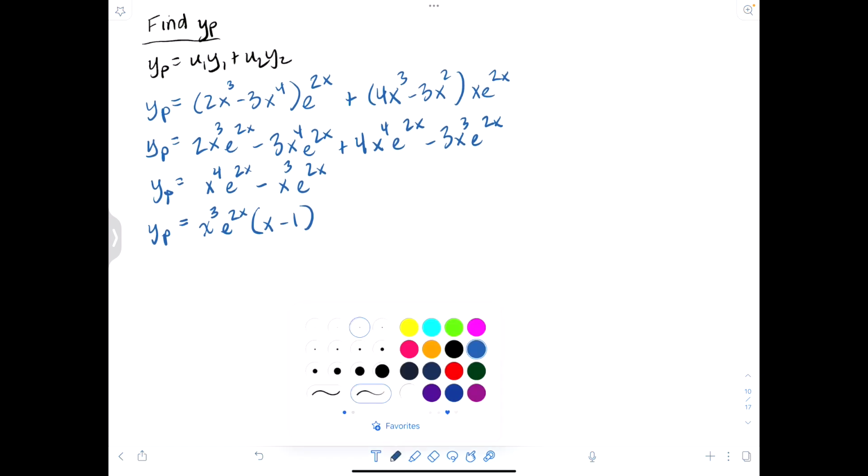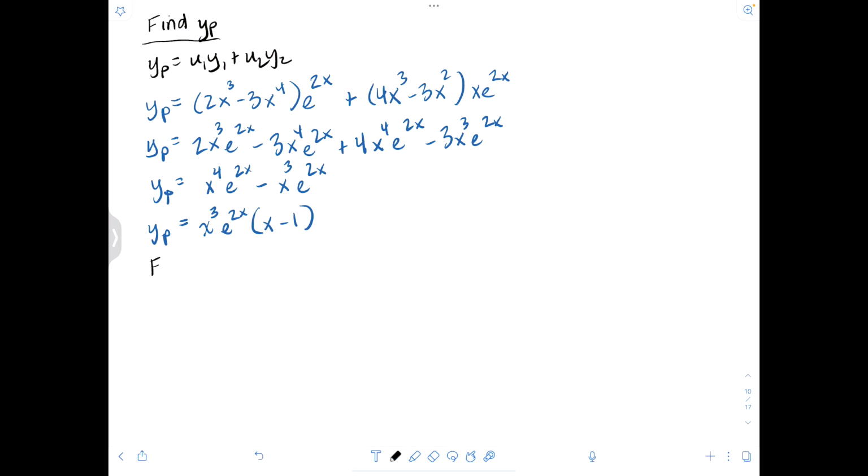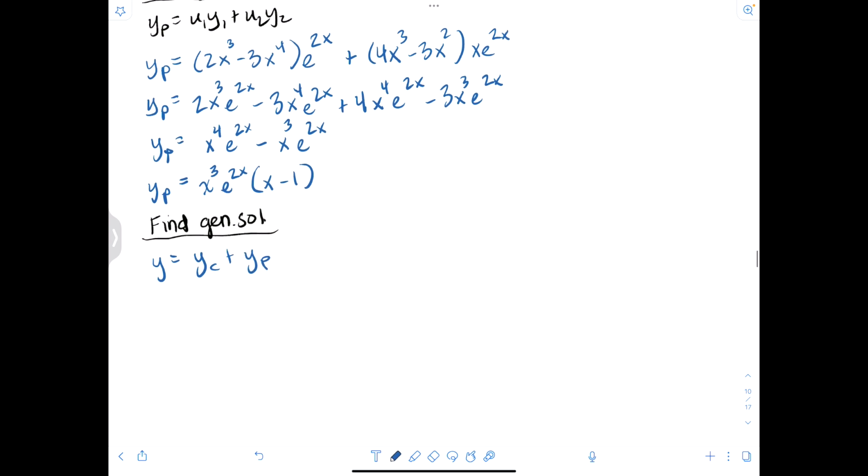All right, now find the general solution. So y equals yc plus yp. So if you recall, yc was c1 e to the 2x plus c2 x e to the 2x. And then our yp is x cubed e to the 2x times x minus 1.